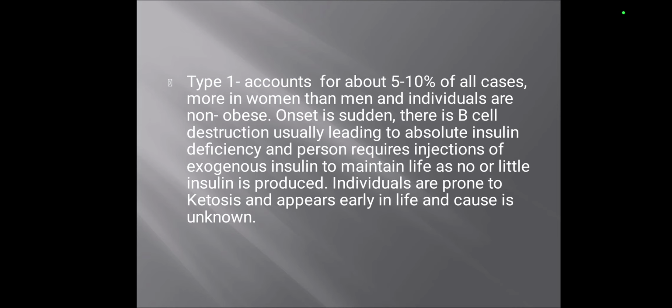The reason why individuals are prone to ketosis is because the body needs energy. So it switches from using carbohydrates to using fats, so that it can produce energy from the ketone bodies. So these ones are prone to ketosis.